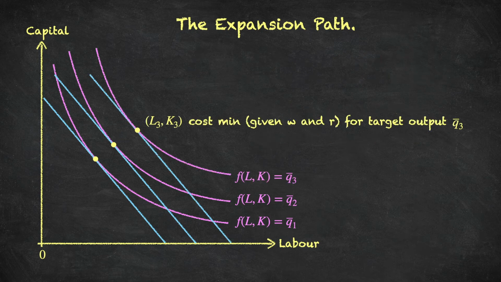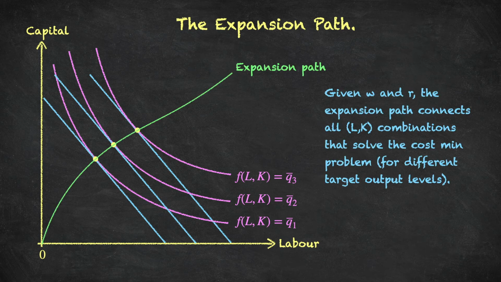Again, I've drawn another cost minimization problem, and you can see here that L3, K3, this input combination, will solve the cost minimization problem given W and R if the target output level was Q bar 3.